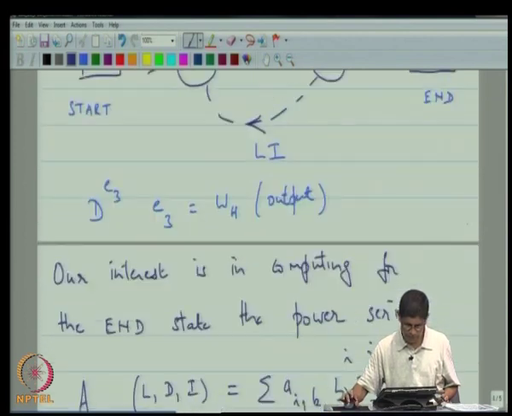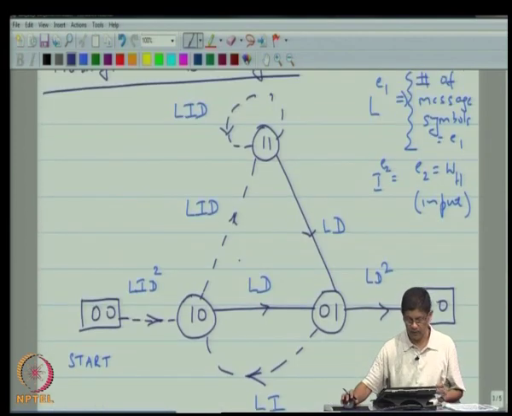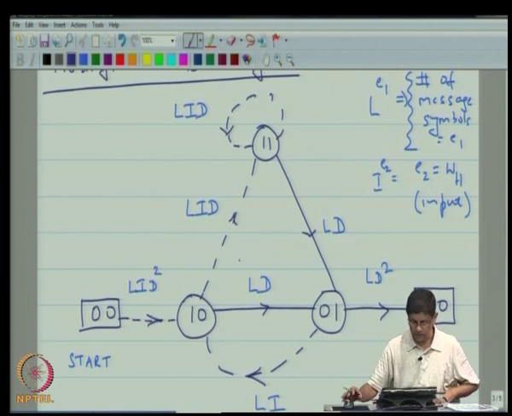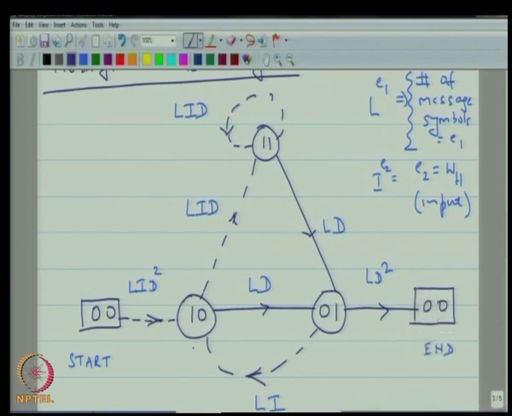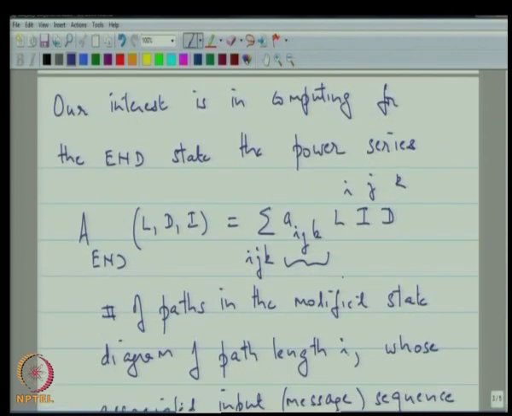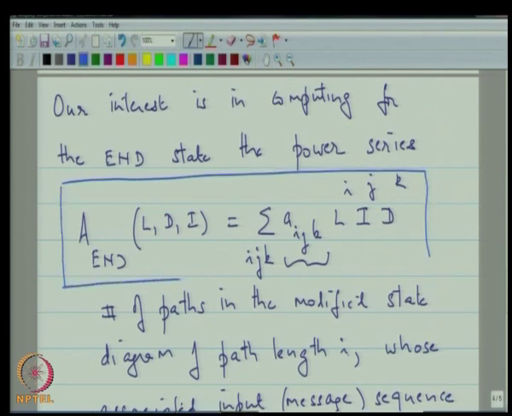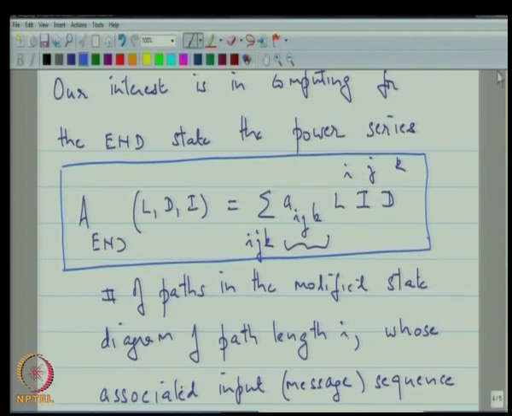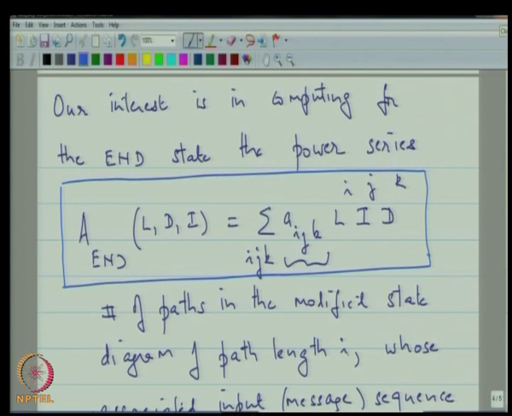And for the state diagram, you can compute this recursively, in the sense that we are interested in knowing the generating function. This power series is sometimes called the generating function, because it provides all the data that you need in a very compact single function.